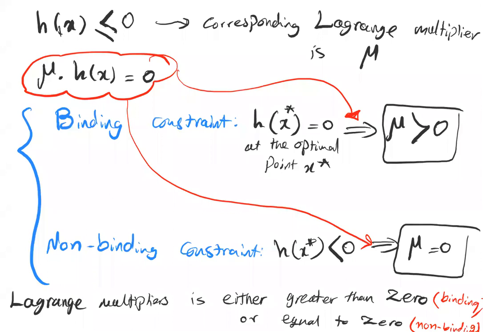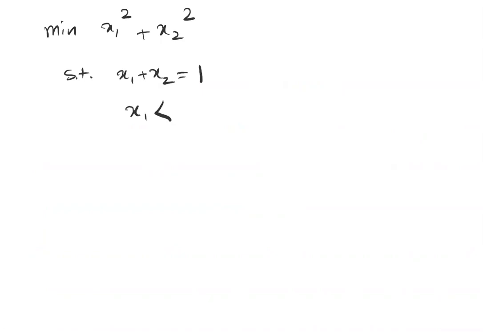All right, now let's take a look at an example. We have minimizing x1 squared plus x2 squared subject to x1 plus x2 is equal to 1 and x1 is less than or equal to 2.